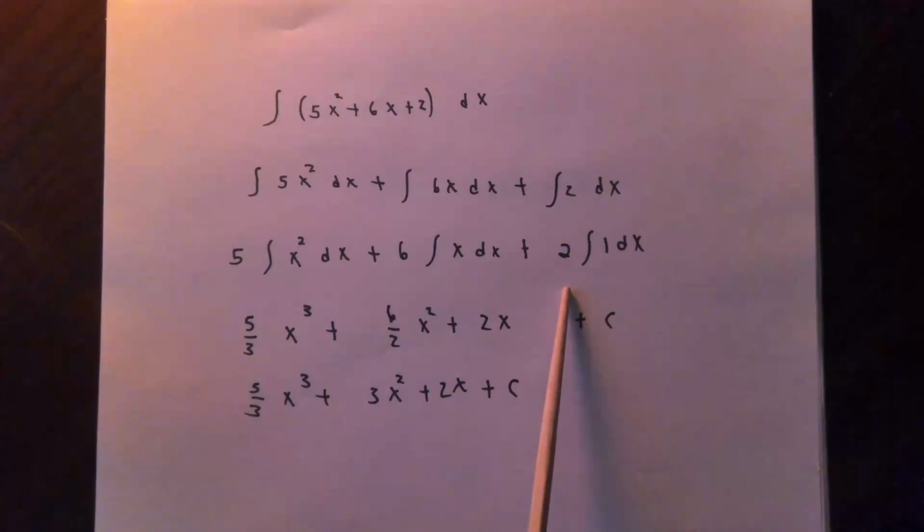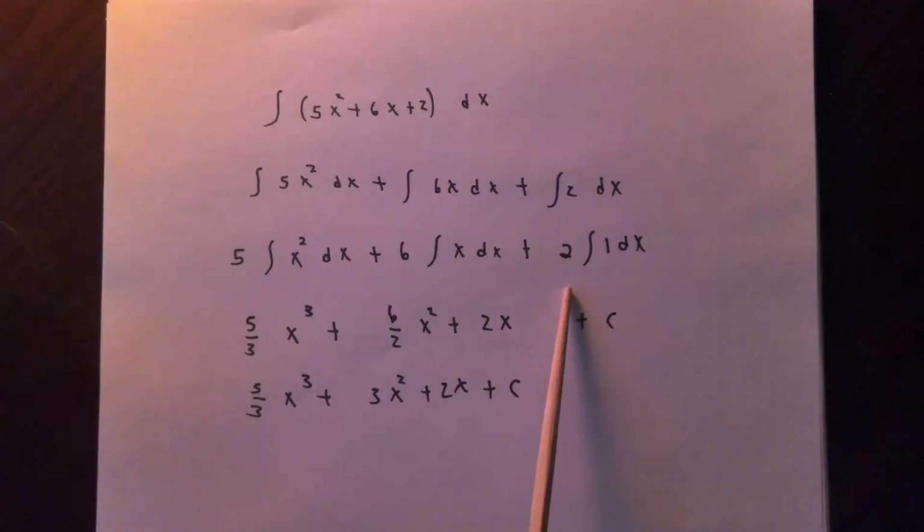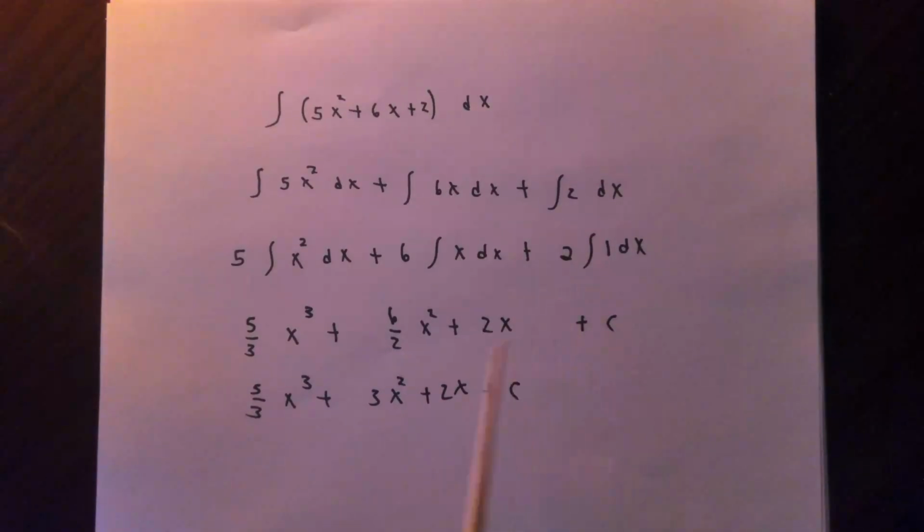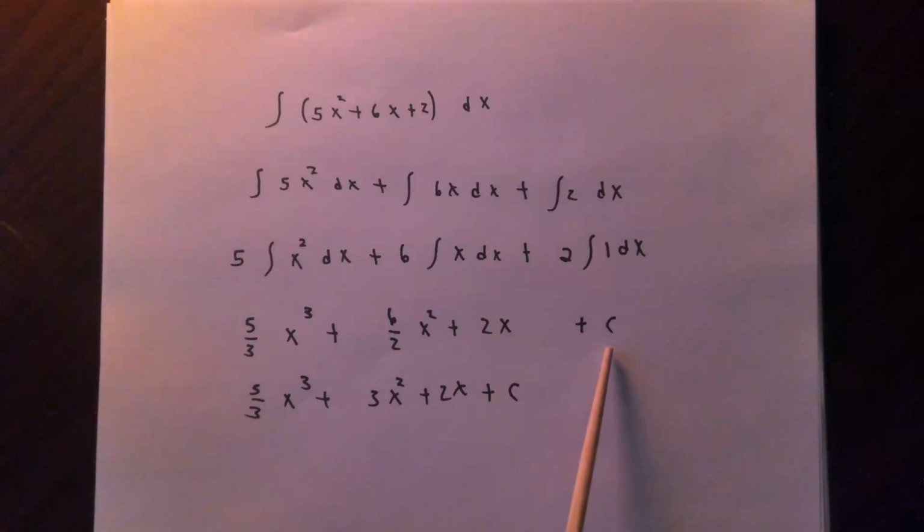An antiderivative of 1 with respect to x is x, 2 times that. And then we traditionally wait till the very end to put the constant of integration on. Ordinarily, we don't put this much detail in, but I may ask you to do this in order to emphasize what's going on.